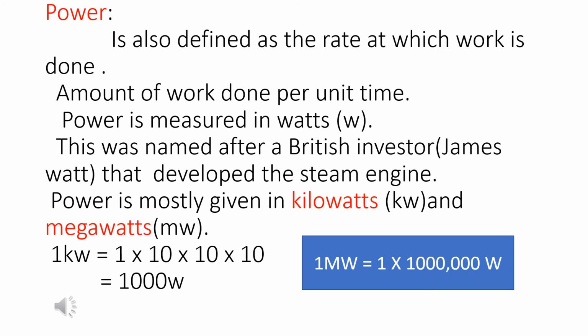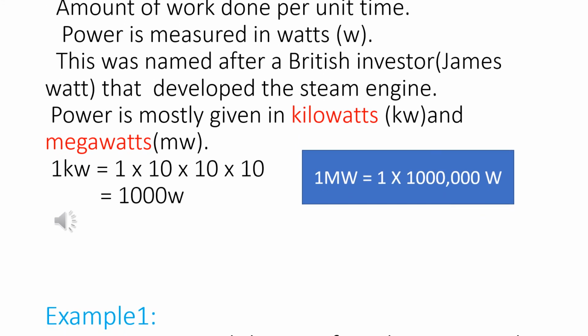You must have learned about these conversions with the teacher in mathematics, changing, let's say, from kilometers to meters and so on. So we have kilowatts, megawatts, watts, and so on. 1 kilowatt is equivalent to 1,000 watts, meaning that 1 megawatt is equivalent to 1 million watts. We shall see the calculations when it comes.